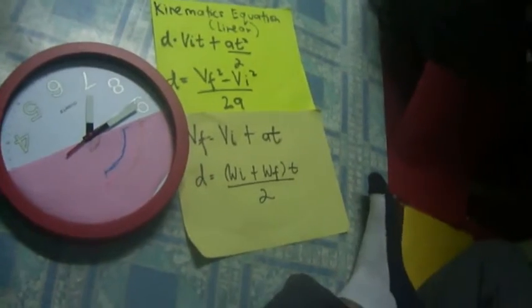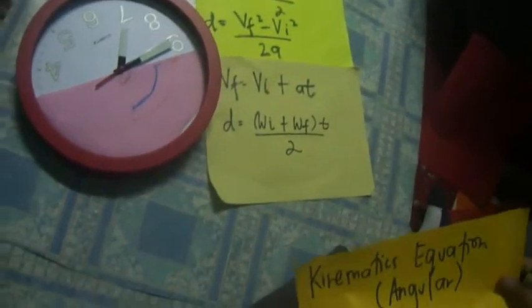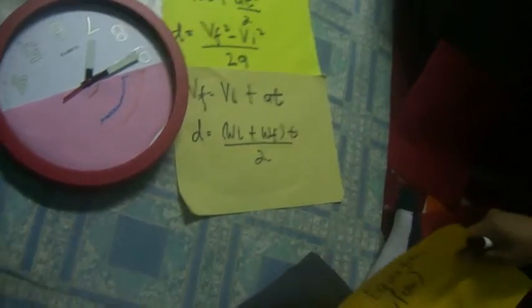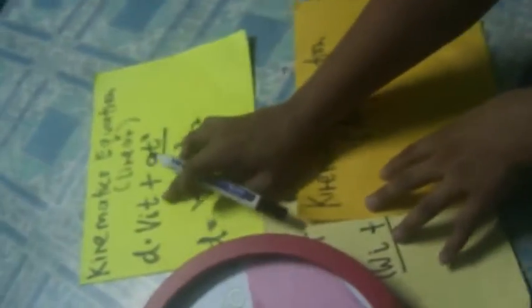So to formulate the angular kinematic equation, it's very identical to the linear kinematics equation. We're just going to substitute these values for those values. For example, the first kinematic equation: distance is equal to initial velocity times time plus acceleration times time squared over 2.